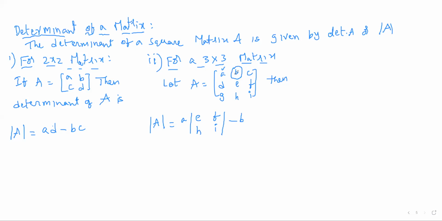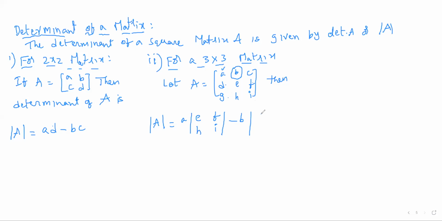This sign-changing rule is only applicable for the middle element, not for the extreme elements. So for b, write the opposite sign and b into, by deleting the corresponding row and column, the 2 by 2 matrix of elements d, f, g, i.